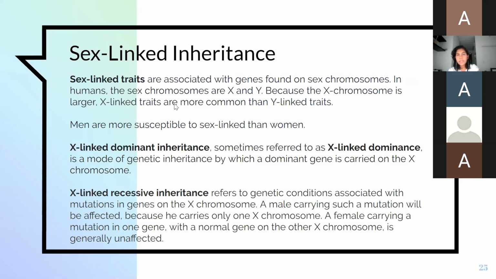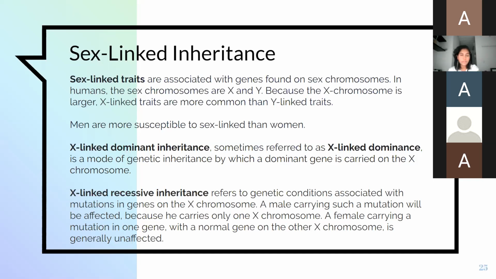The reason is that the Y chromosome is shorter than the X chromosome, so any gene or trait on the X chromosome can't really be counteracted by the Y chromosome, and hence men are more susceptible to being affected by sex-linked traits.